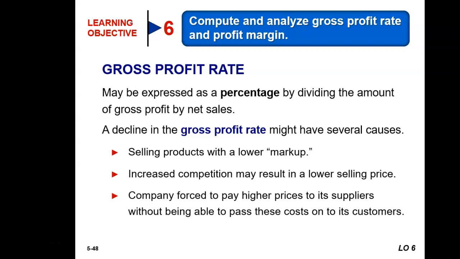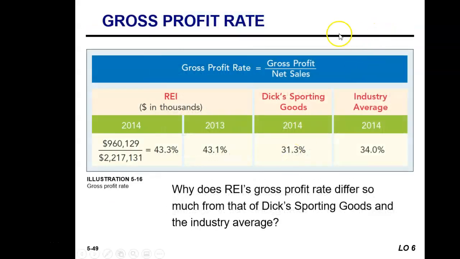So the gross profit rate has a formula. It is your gross profit divided by your net sales. So you take your gross profit amount and divide that by net sales to get your gross profit rate.